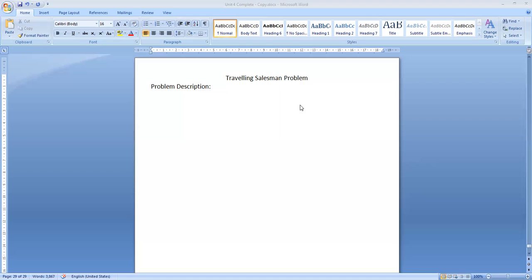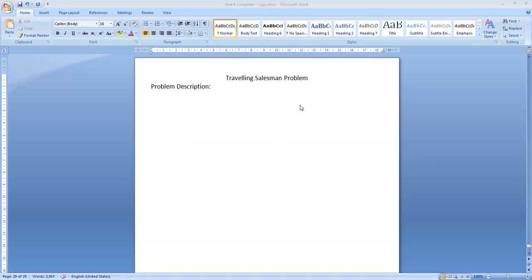In this class, we are going to discuss yet another problem called the traveling salesman problem. This problem involves a graph. You know what a graph is? A graph is an abstract data structure made up of vertices and edges, and edges are lines connecting two vertices.